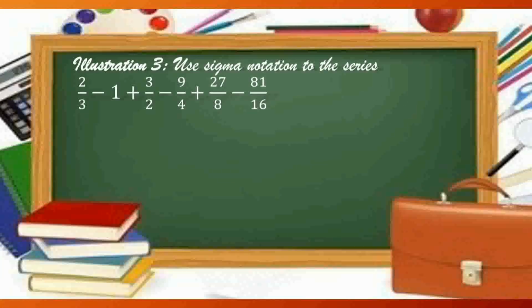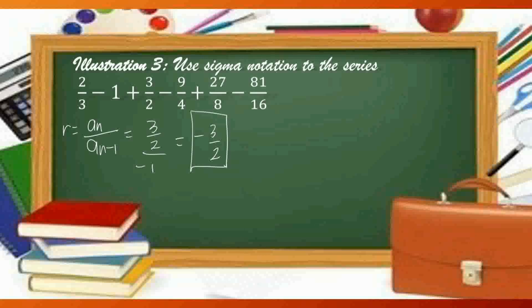For example number 3, use sigma notation for the series. By observation, we get the common ratio by dividing a term by the previous term. So let's say positive 3 over 2 divided by negative 1, which is equal to negative 3 over 2. So our common ratio here is negative 3 over 2.